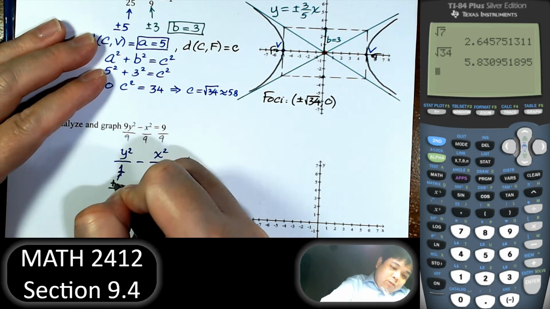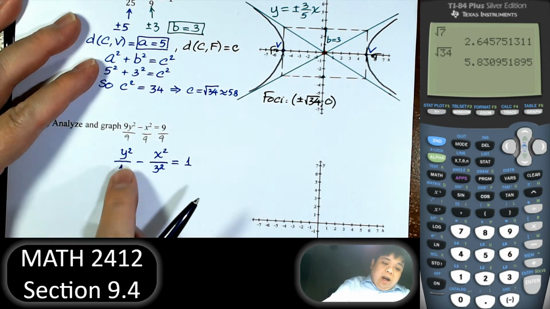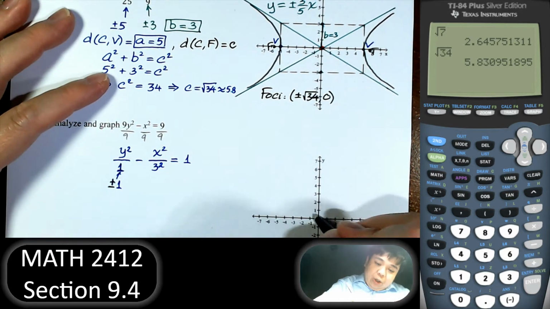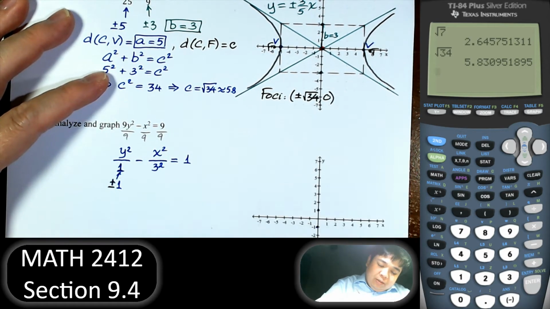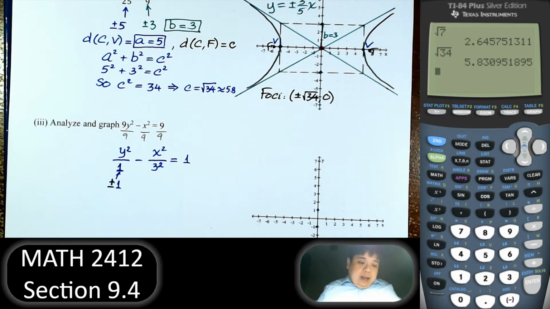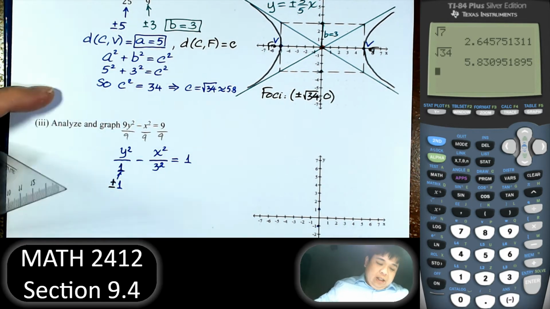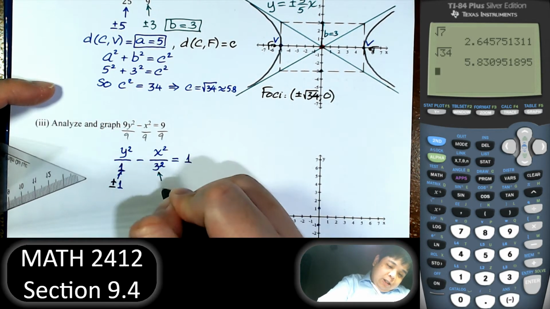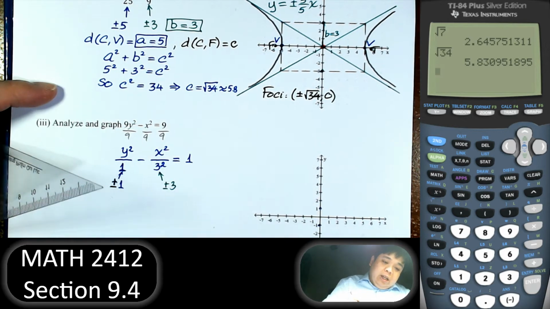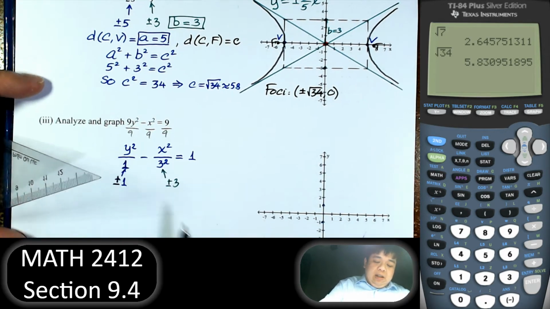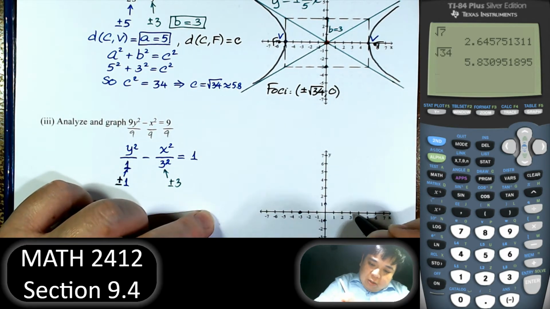we have plus or minus 1 under the y, so go up and down 1 unit. And we have 3, so plus or minus 3, and that is going to be b, that's negative 3 and 3.